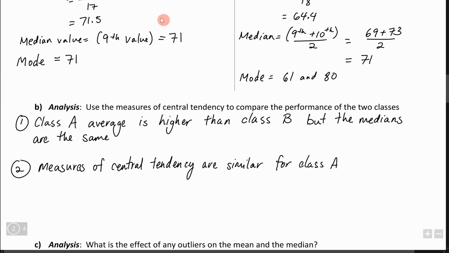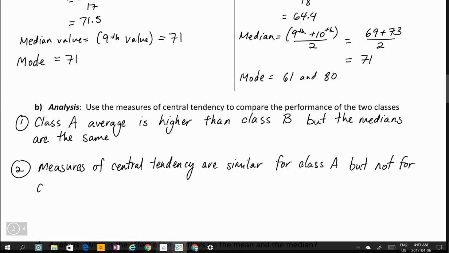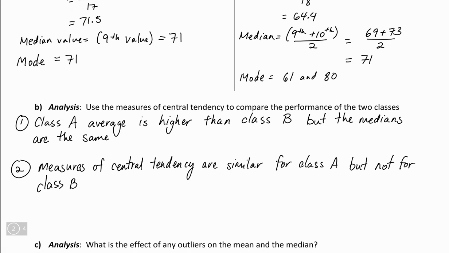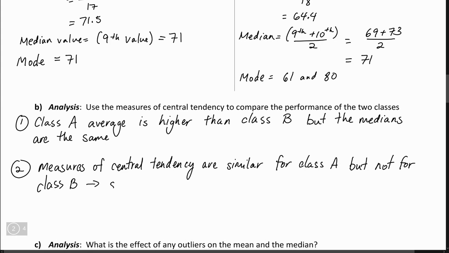They're all around that 71 value, but not for class B. And this suggests more variability for class B.